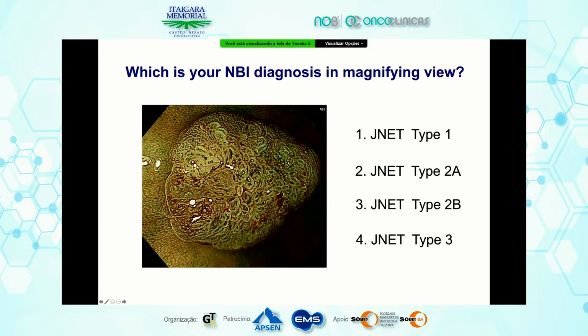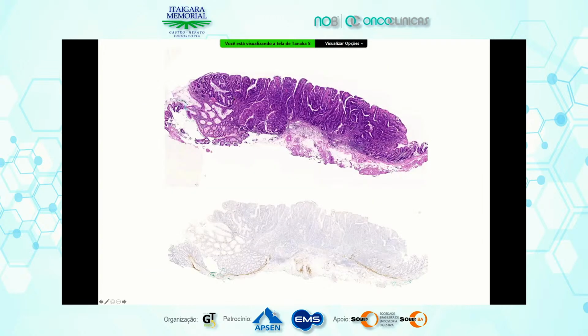Vessel pattern is microvascular area and scattering vessels, but these pit-like patterns exist, but irregular. So JNET type 2B. This is also SM invasive carcinoma at that point.